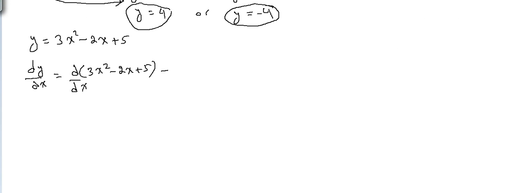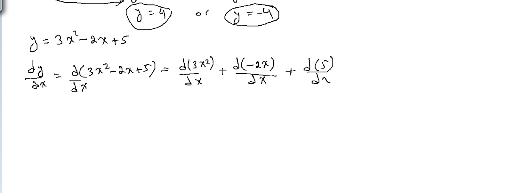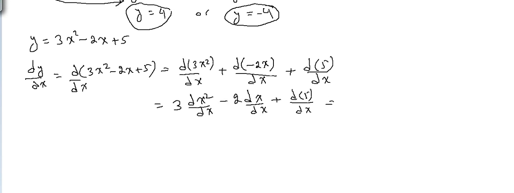So it is equal to the derivative of 3x squared, plus the derivative of minus 2x, plus the derivative of 5. The 3 is a constant number, we can take it outside, and the minus 2 is a constant number too.